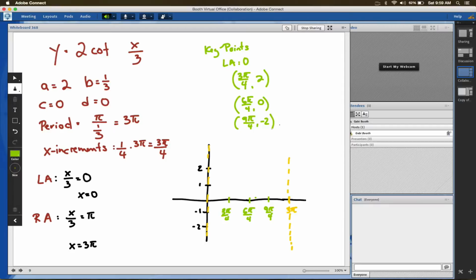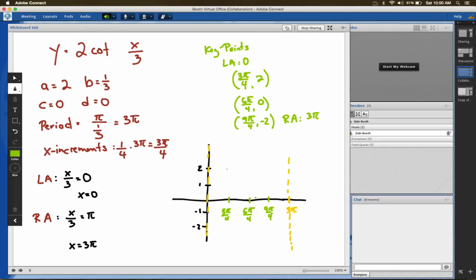And then, of course, I have the right asymptote at 3 pi, and that makes sense because if I add another 3 pi over 4 to 9 pi over 4, I get 12 pi over 4, which reduced is 3 pi.